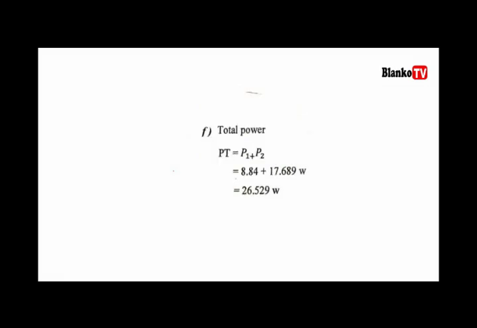Let's do the last one, which is F. F says we should calculate the total power. How do we get total power? Total power can be calculated by multiplying the total voltage by the total current, that is P equals IV, or by adding the power for R1 and the power for R2, that is P1 plus P2.